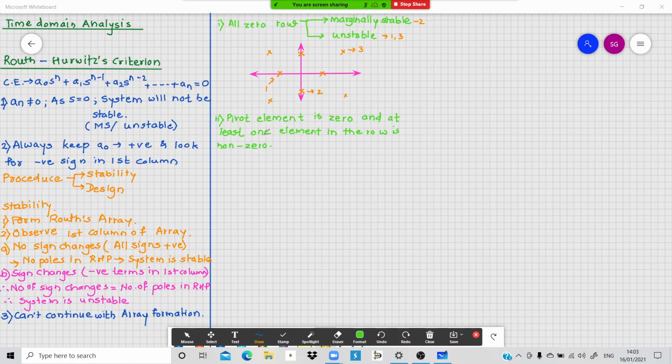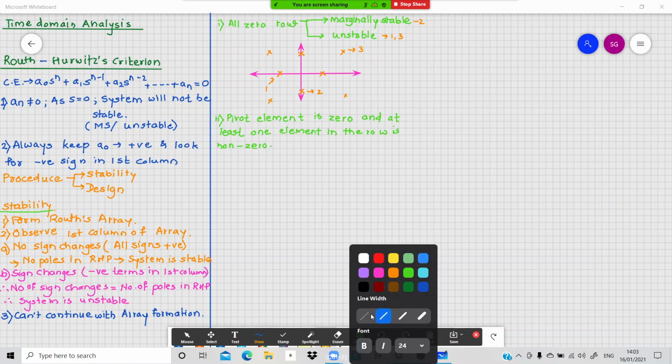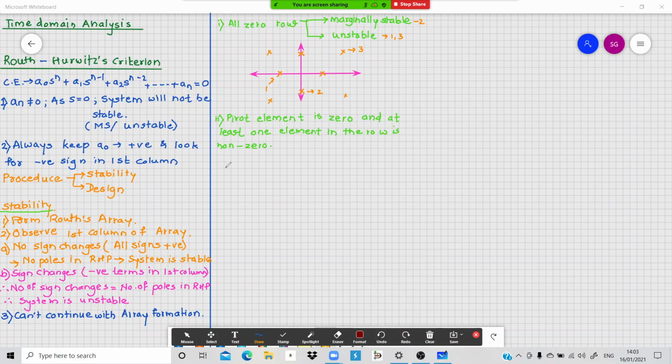Okay, then the next thing I have written here is for stability. Correct? Then comes the design. Wait, I'll change the color. Second thing is design.